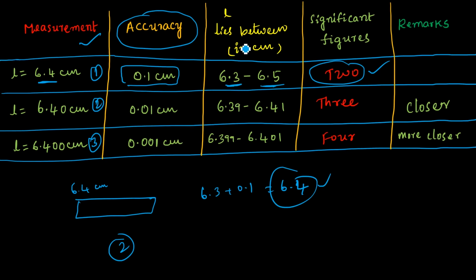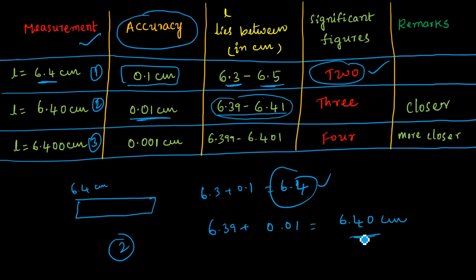Now you can see that length. After measuring, we have to take 2-3 trials, then you'll get measurements between 6.39 and 6.41. Then you have to add the least count to the minimum one, so 6.39 plus 0.01 gives 6.40 centimeters.